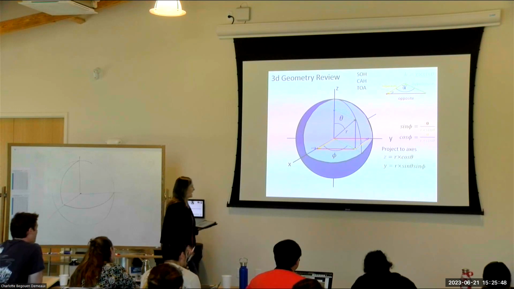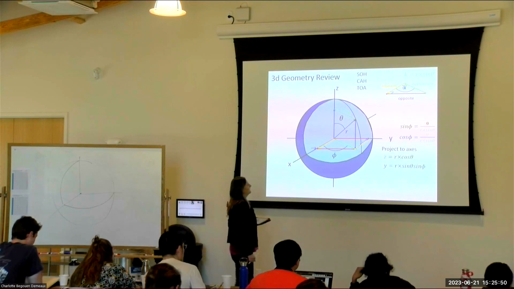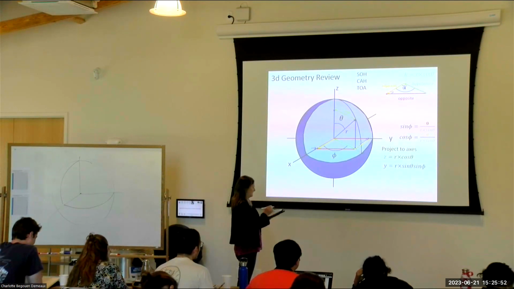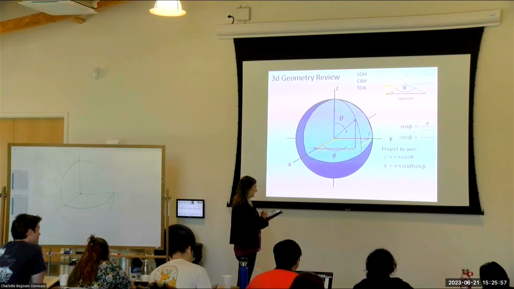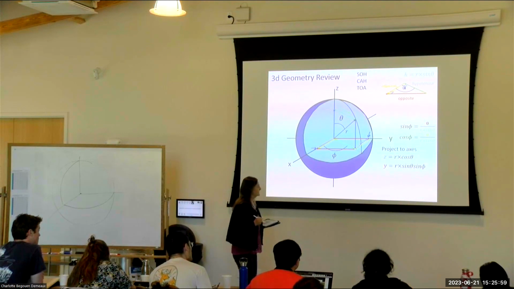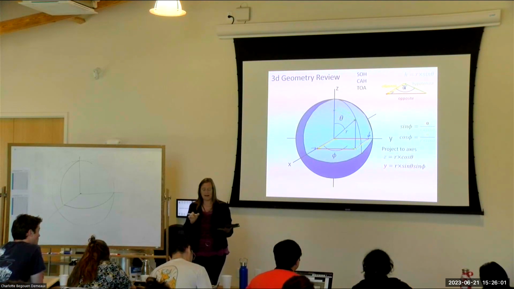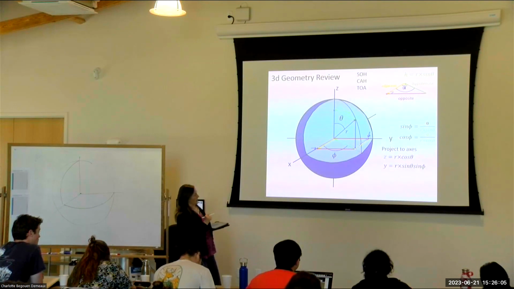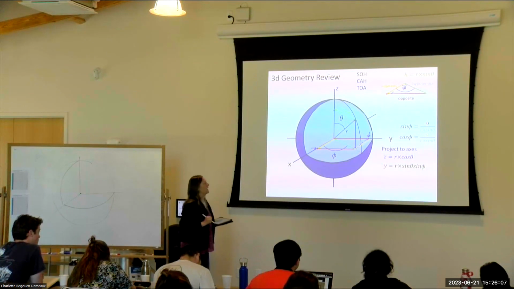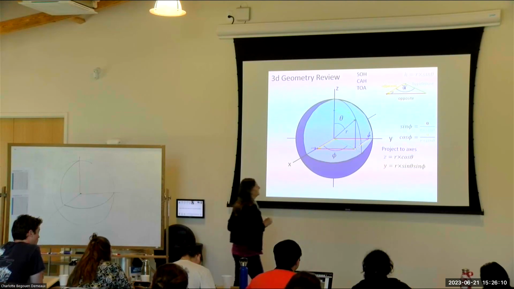So then I can project the projection of my vector in the XY plane onto the y-axis, so its length along the y-axis is going to be the length of the red line, which is my opposite. So I have to use the sine phi function.